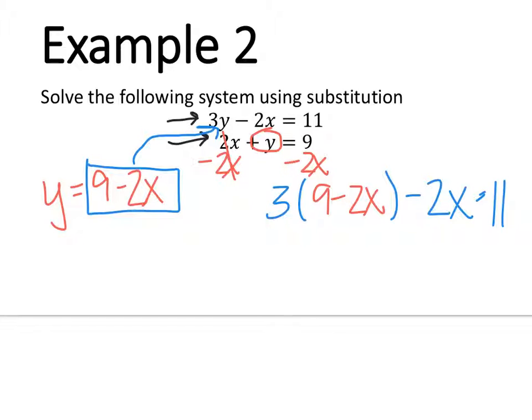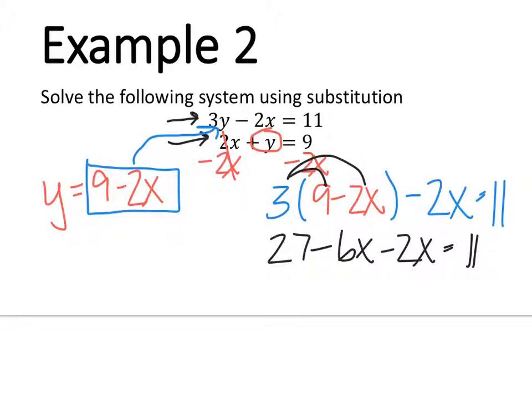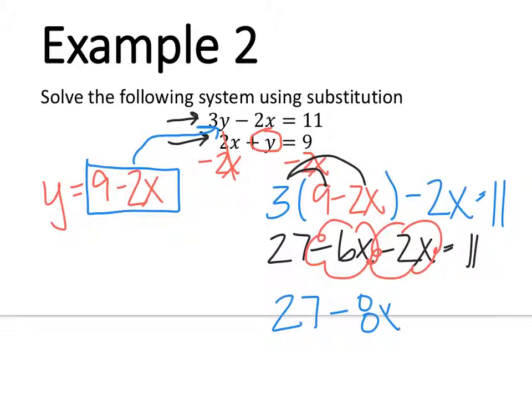Again, here I have a distribution problem, and then I'm just going to solve for my variable. So this would be 27 minus 6x minus 2x equals 11. I'm going to combine my like terms so that I am left with 27 minus 8x equals 11.